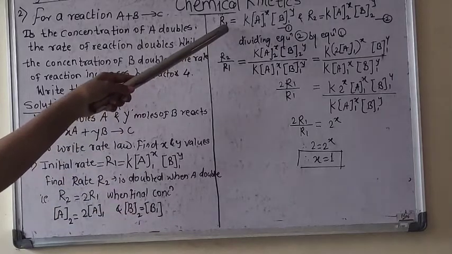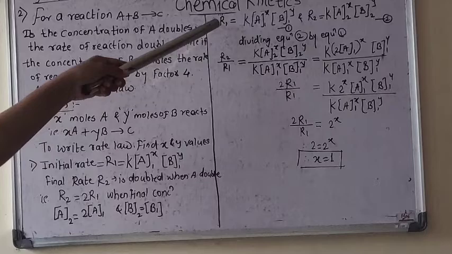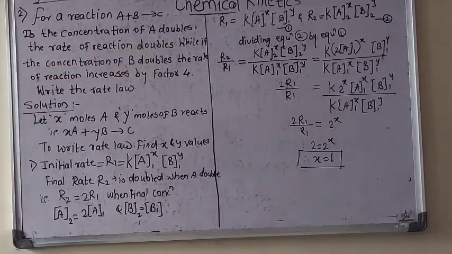When we are considering the final rate, to calculate the value of X, because the concentration of A doubles, the rate increases by a factor of 2, or doubles.